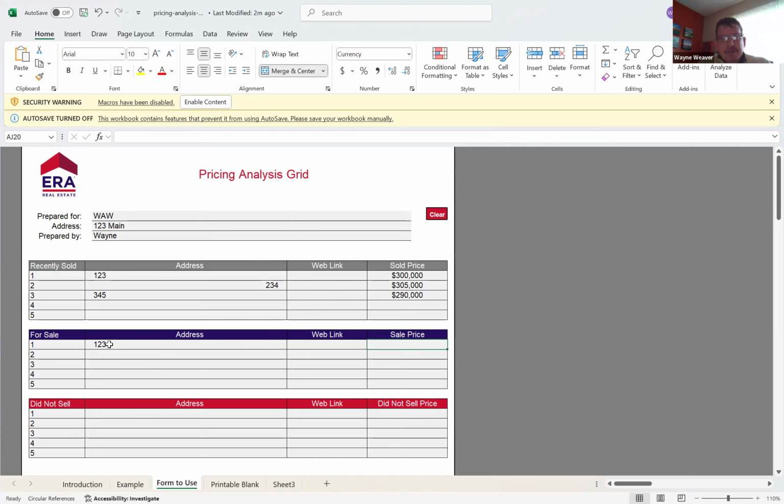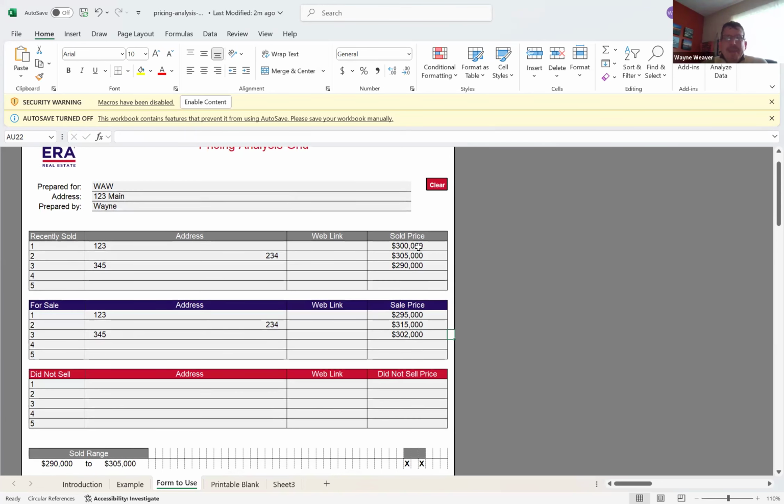I'm going to keep this simple. Obviously, some of these numbers won't always match up perfectly for us, but it is nice. So there are our properties for sale. Again, you may have one property, depending on the market, or you might have 10, but fill in as much as you can.